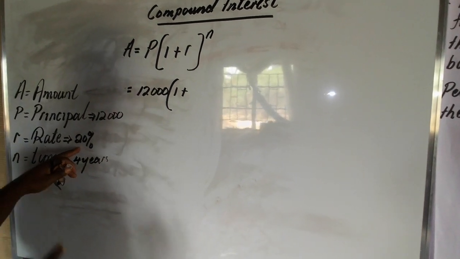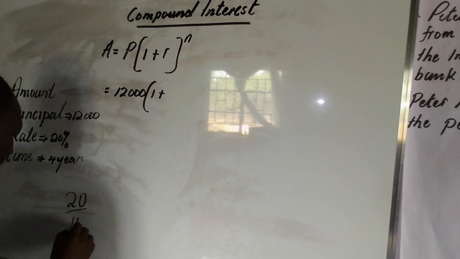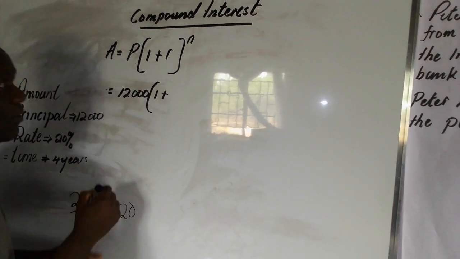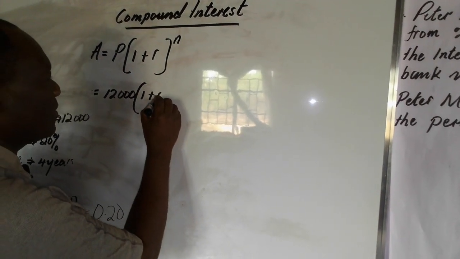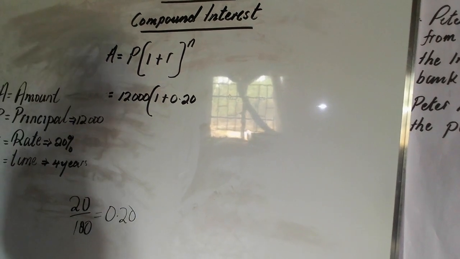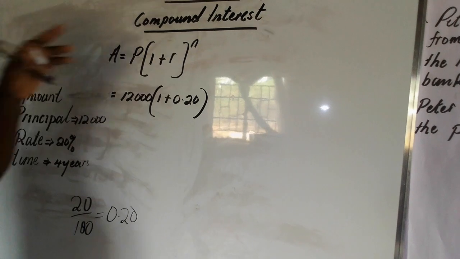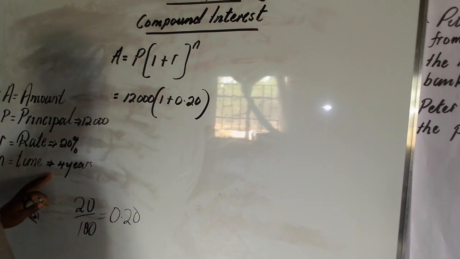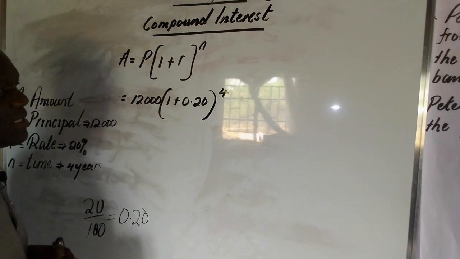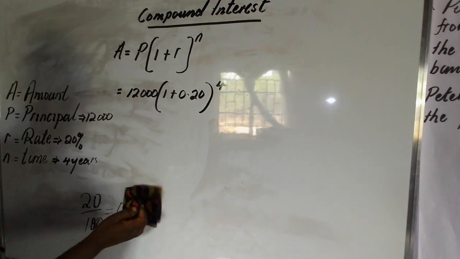What we are going to do, this 20% we are going to say 20 over 100, which gives us 0.20. So we shall put 0.20. Then we are remaining with the N. The N is the number of periods. So here we have 4, which means the loan must be paid back in 4 years.